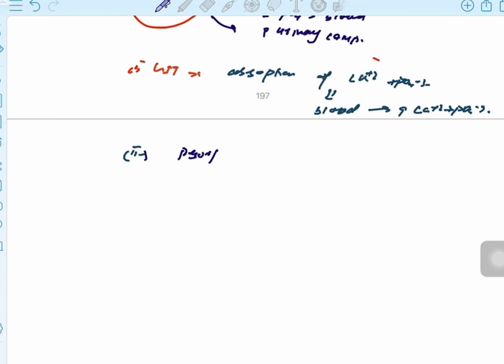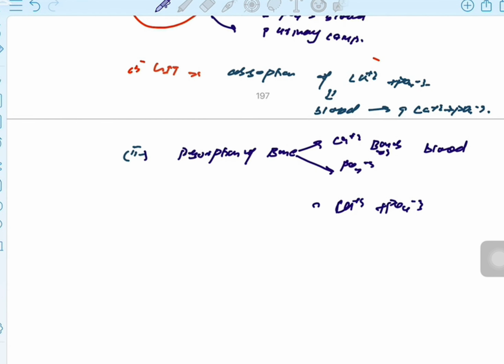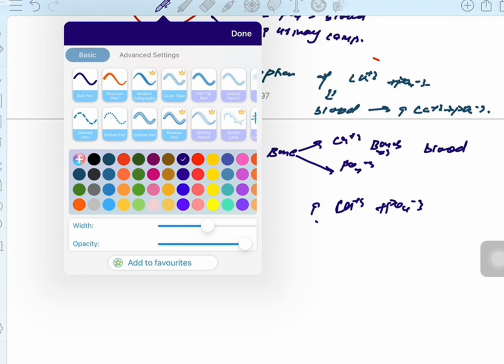When the bone is resorbed, calcium and phosphate are removed from the bone and enter into your blood. Then we will see a high level of calcium and a high level of phosphate. So this is the most important mechanism.